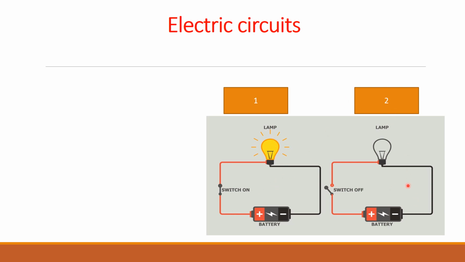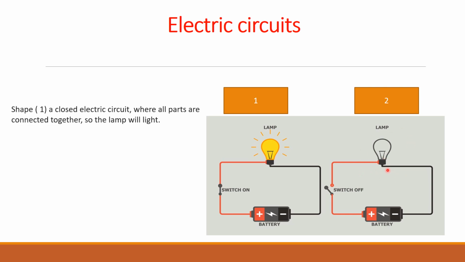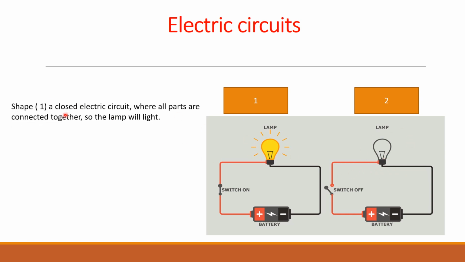But in the shape number 2, when the electric current comes from the battery and starts to move and needs to reach the other side, it can't move because the switch is off, so the electric circuit is opened, and when the electric circuit is opened there is no electric current, so the lamp will not light. In the shape number 1, a closed electric circuit where all parts are connected together, so the lamp will light.